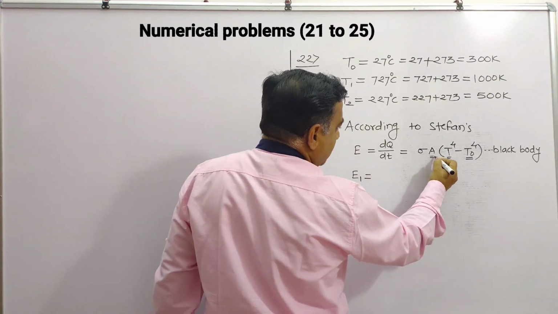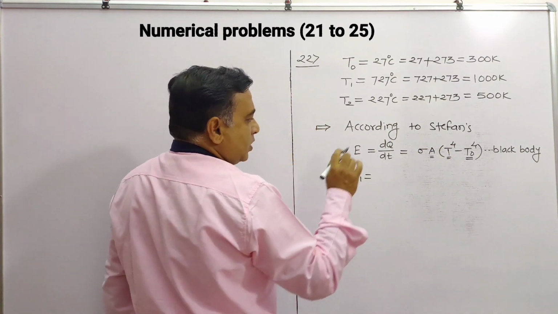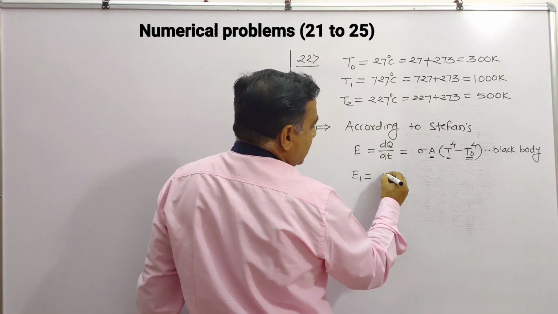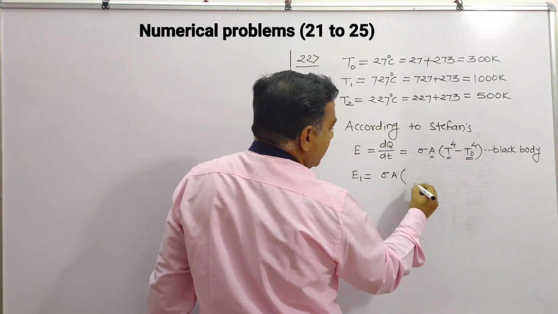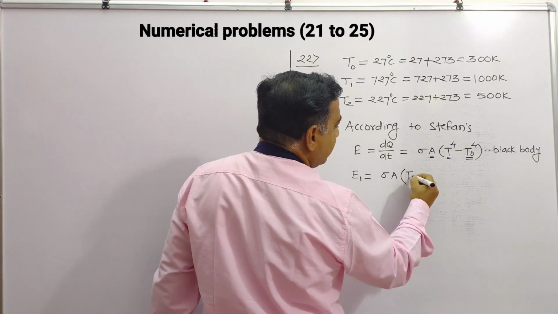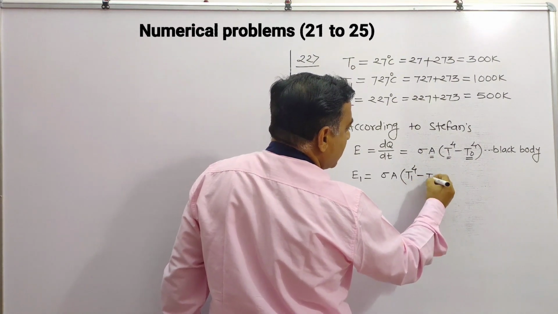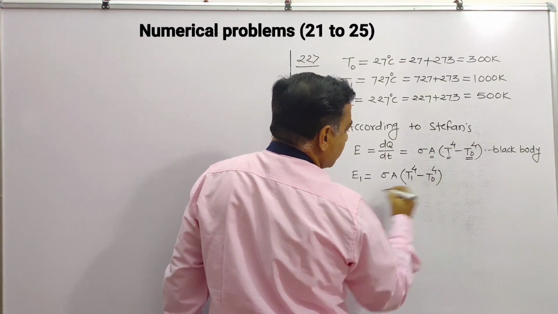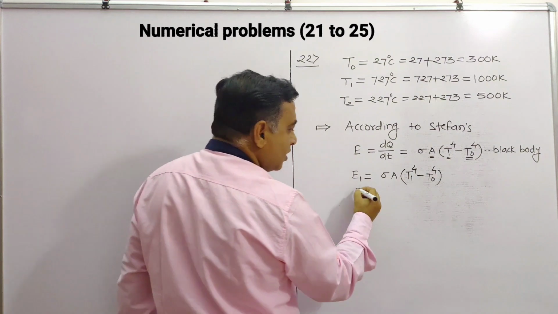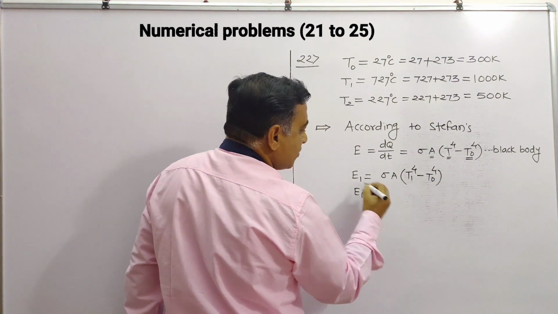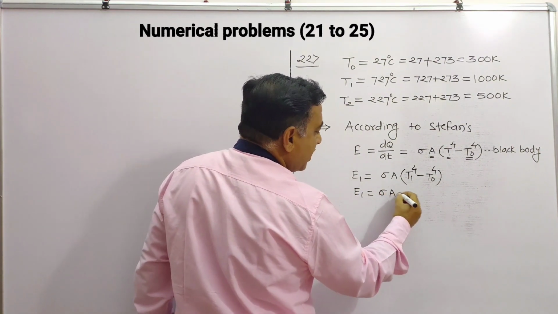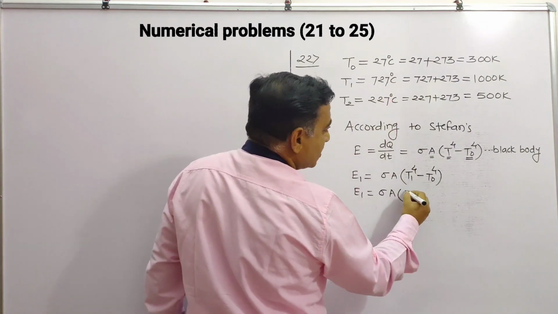And the body is the same but kept at a different temperature, so I need to substitute all that. Here E1 is equal to sigma into A into T1 raised to power 4 minus T0 raised to power 4. T1 is how much? 1000.